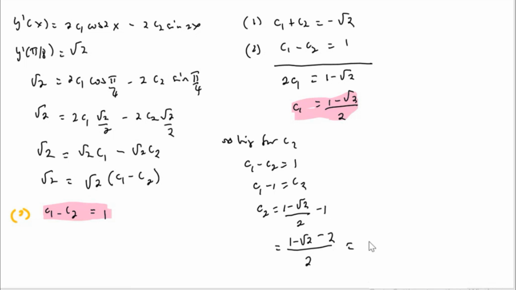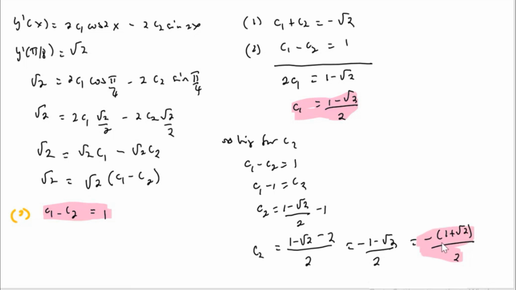So simplifying again, 1 minus 2 equals negative 1, so we have negative 1 minus square root of 2 over 2, or taking the common factor of negative 1, we have the negative of 1 plus square root of 2 all over 2. So these are now the two values of c sub 1 and c sub 2.